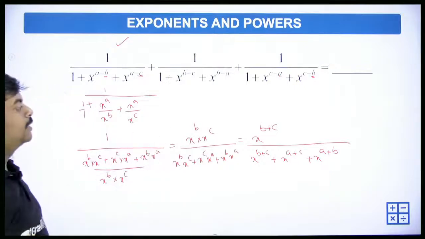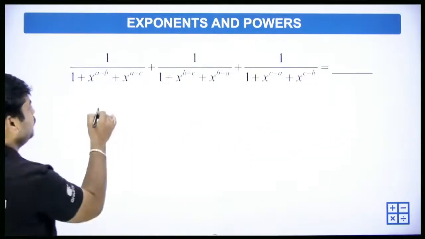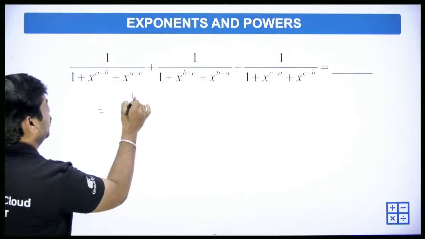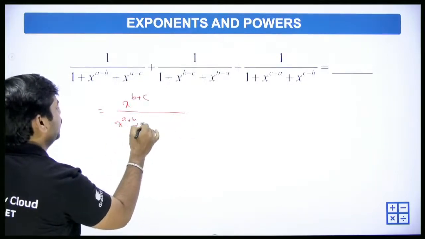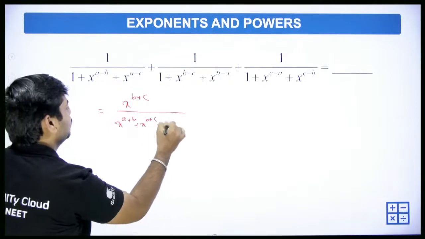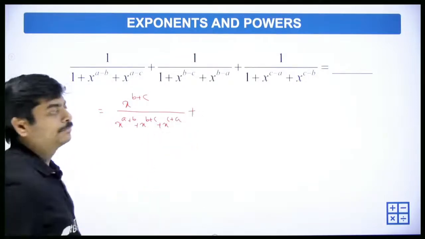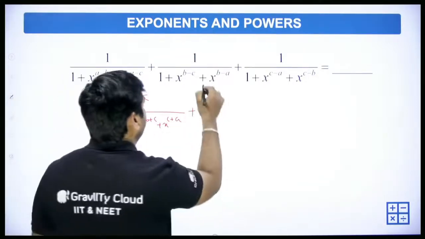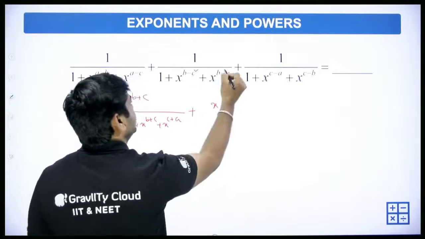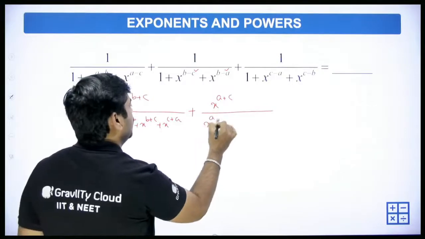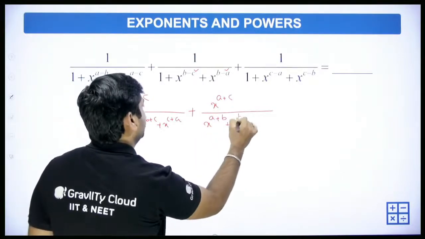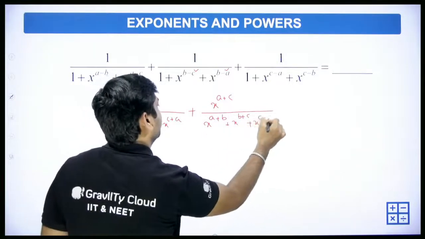The first term we are getting is x power b plus c by x power a plus b plus x power b plus c plus x power c plus a. Plus, now this c and this a will come here: x power a plus c, with the same denominator, x power a plus b plus x power b plus c plus x power c plus a.